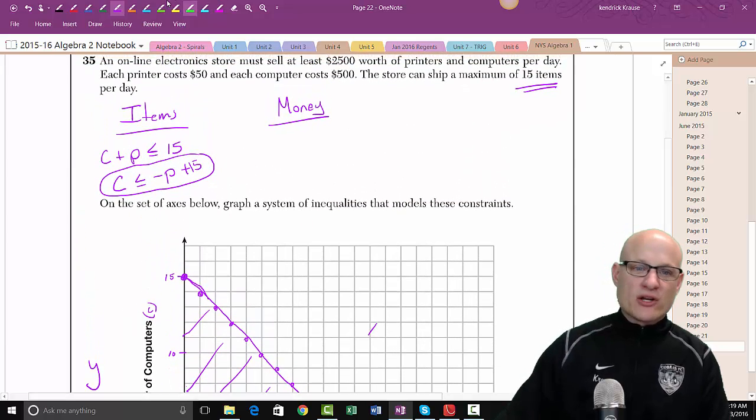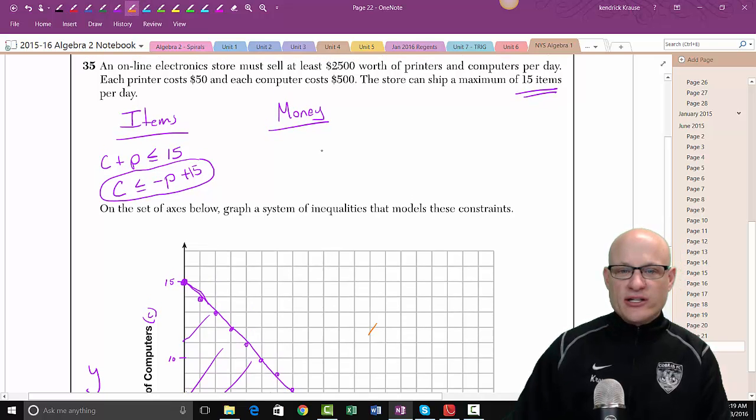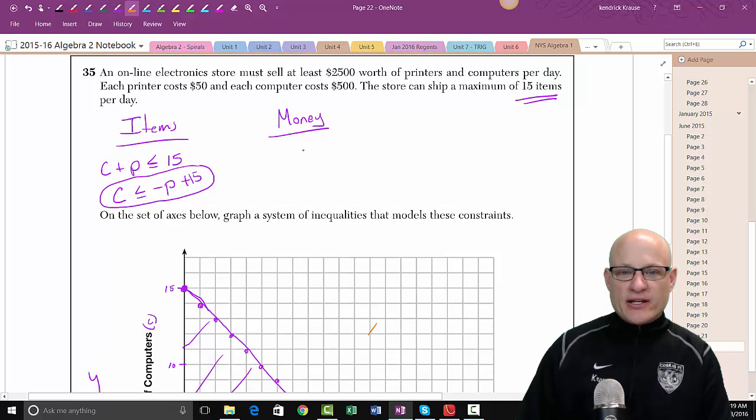Now we're going to do the money equation. I'll switch colors. We'll go to orange. Now the money equation is a little bit trickier, and that is because we're going to sell $500 times the number of computers plus $50 times the number of printers, and that we need to be greater than or equal to $2,500.